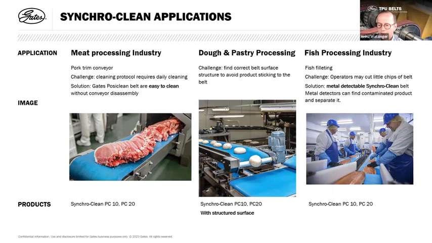The flat clean FC9, FC12 combine non-fraying urethane jacket and sealed tension members to eliminate edge fray, minimize stretch, and extends the belt life. And Center Clean belt is a self-tracking synchronous belt, well fit for troughing applications. All belt can be offered in metal detectable versions and with various surface structures.